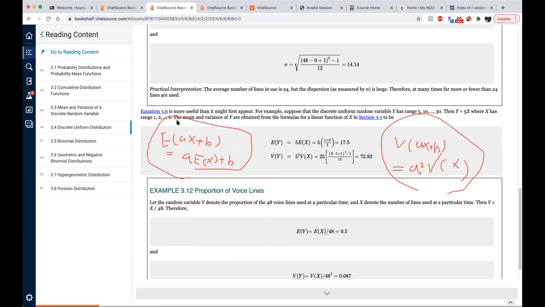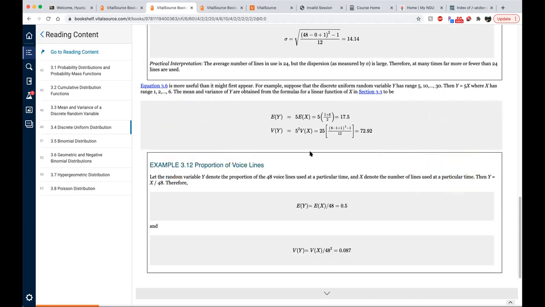So a is 1, b is 6. So (a + b) over 2 is 3.5, times 5, which is 17.5. And then V of y is 5 squared, which is 25, times ((b - a + 1) squared minus 1) over 12. I'm sure you find it doable, right?